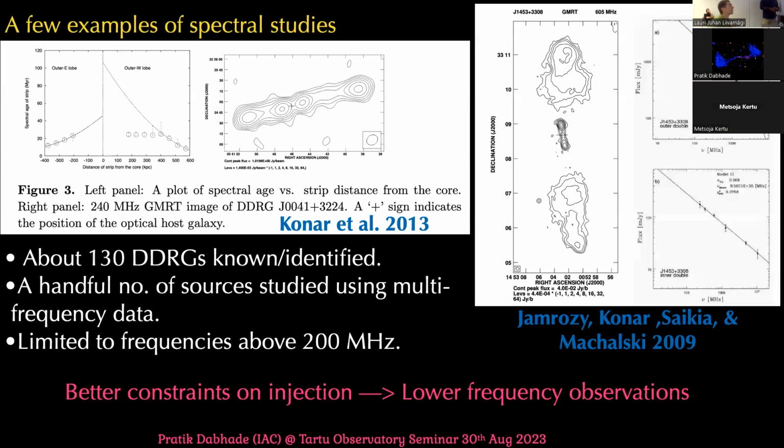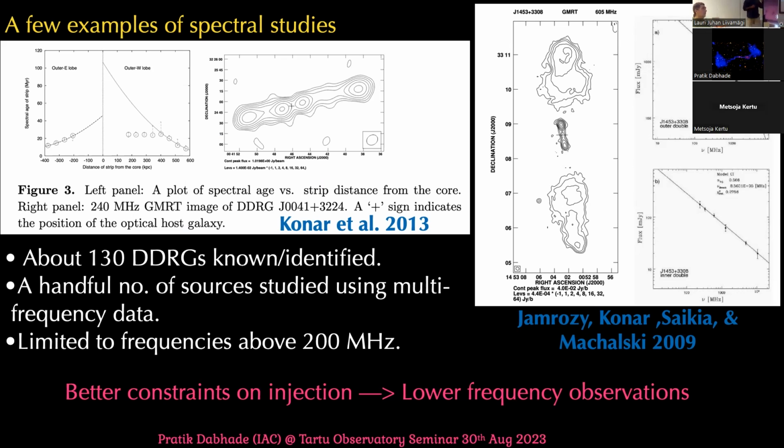So like I said, only 70 or so of these objects had been reported until 2017, and now 130 or so are known. A handful of objects, fewer than 10 or 5, have been studied at multiple frequencies to determine the age of the inner and the outer lobes, what their properties are, what medium they are growing into, and what effect the ambient medium has on their properties.